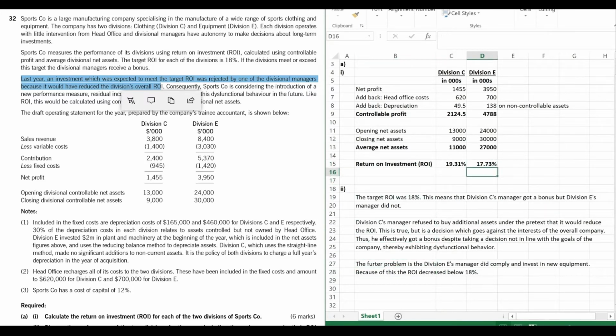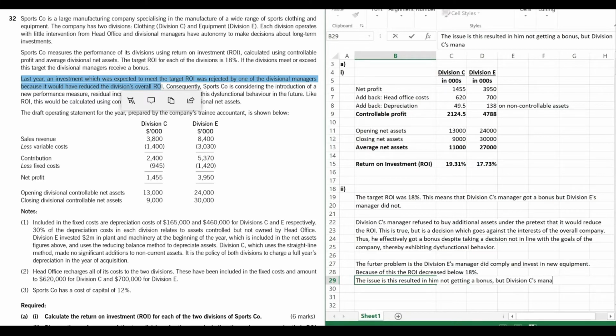So even a small change would have made it go down, right? The issue is this resulted in him not getting a bonus, but Division C's manager did.